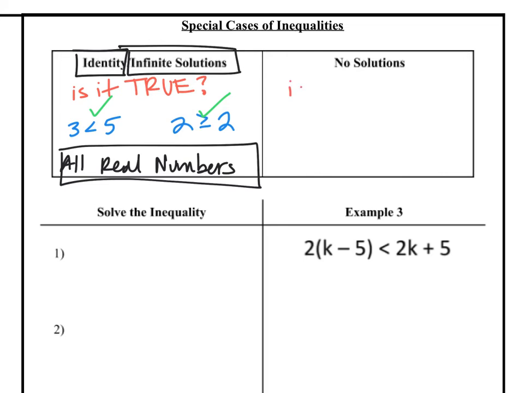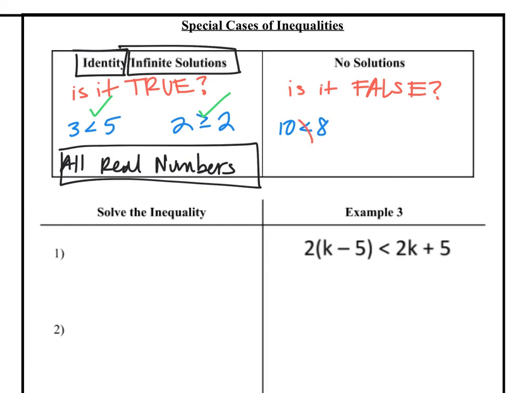Something is no solutions if it's false. So is it false? Something like 10 is less than 8. No, 10 is not less than 8. So that's false.